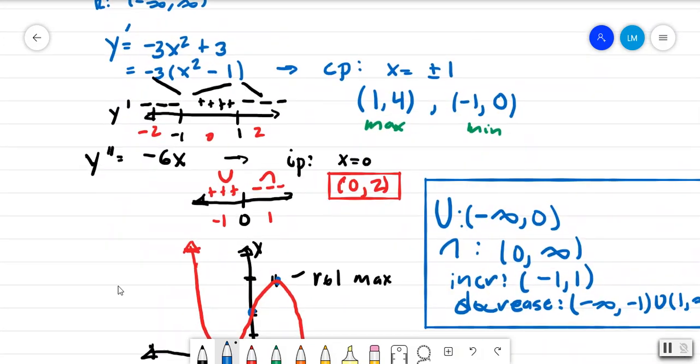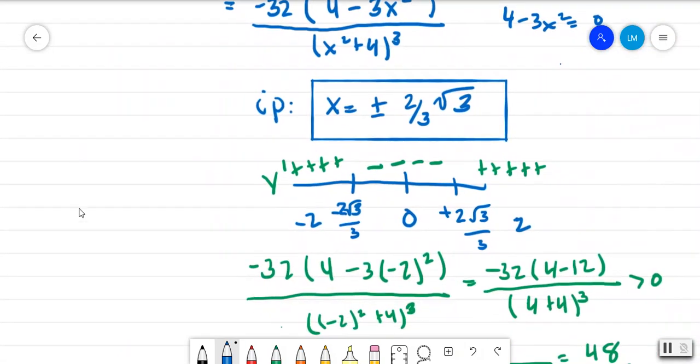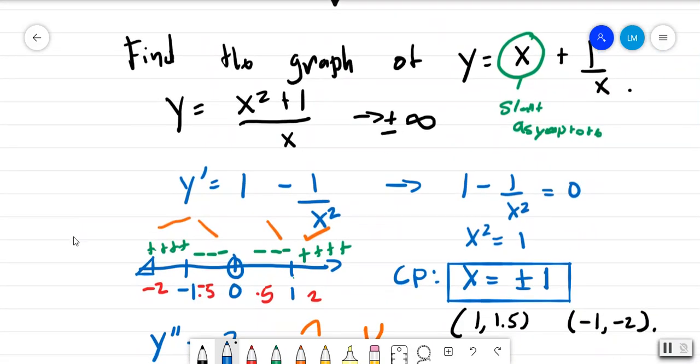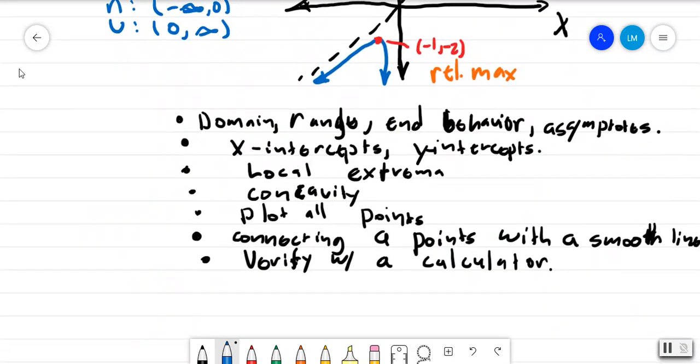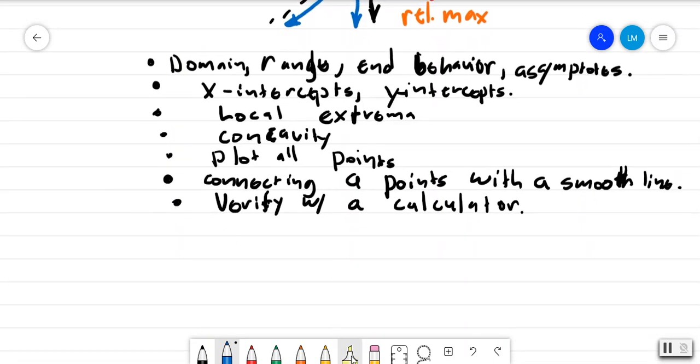Okay, so I'm gonna go ahead and just give you an example that you can try on your own using all of these characteristics. Let's see. Okay, so be sure to look at this example.